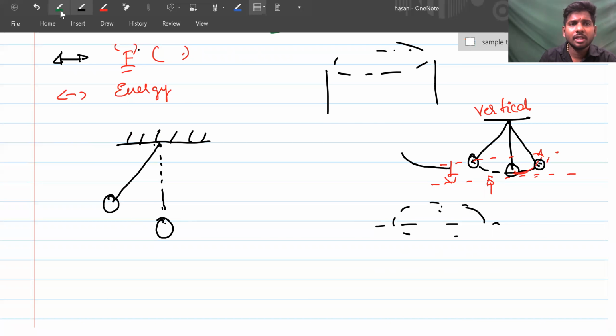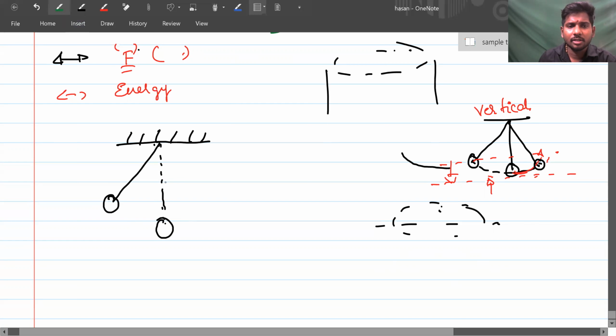Now, if the question is given of this sort: mass m, the length of the string is L. You took that string to an angle theta at a slant. If you keep the string at an angle theta and just leave it without giving any velocity, the ball will slowly start gaining some velocity right here.